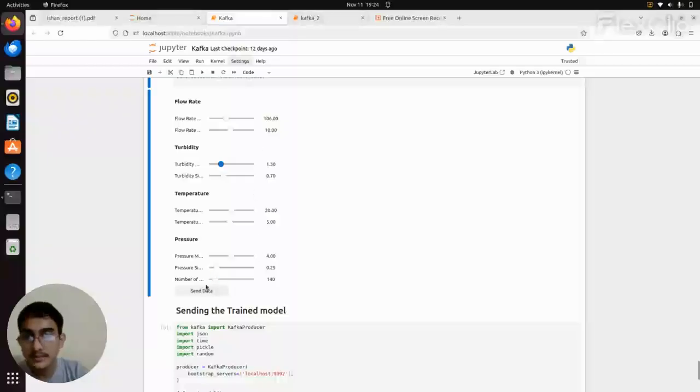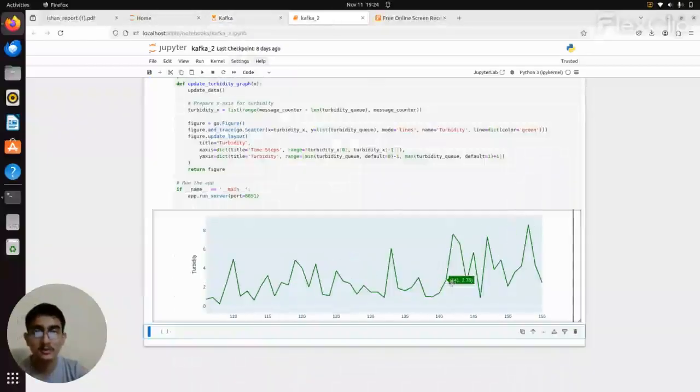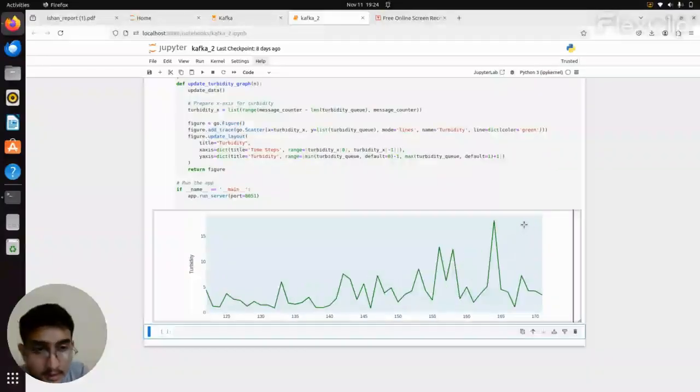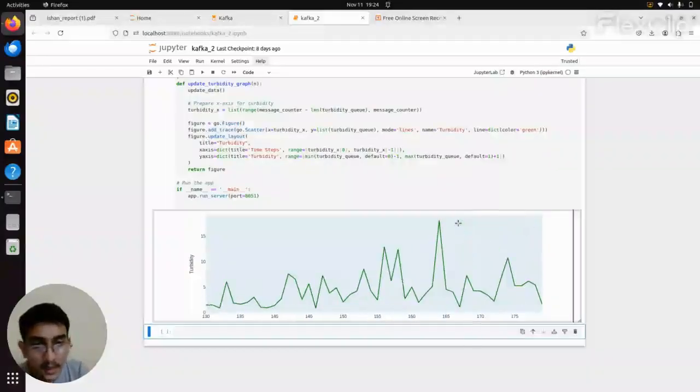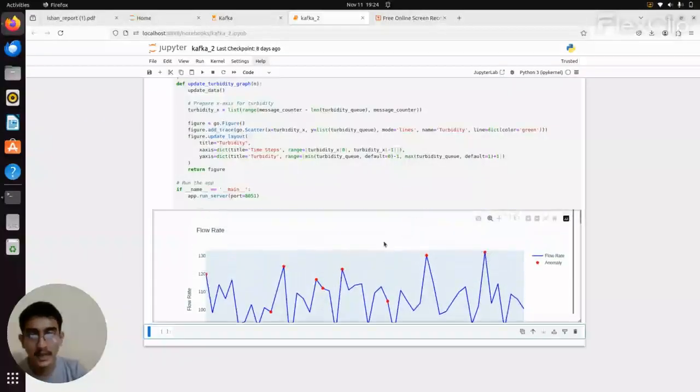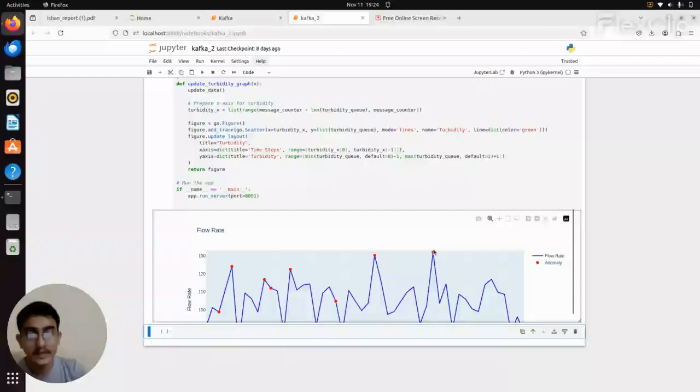As soon as I send data, the data getting registered will start to show anomalies. Let's see what the values are. I am getting 1.164. So as you can see, anomalies are now getting detected.